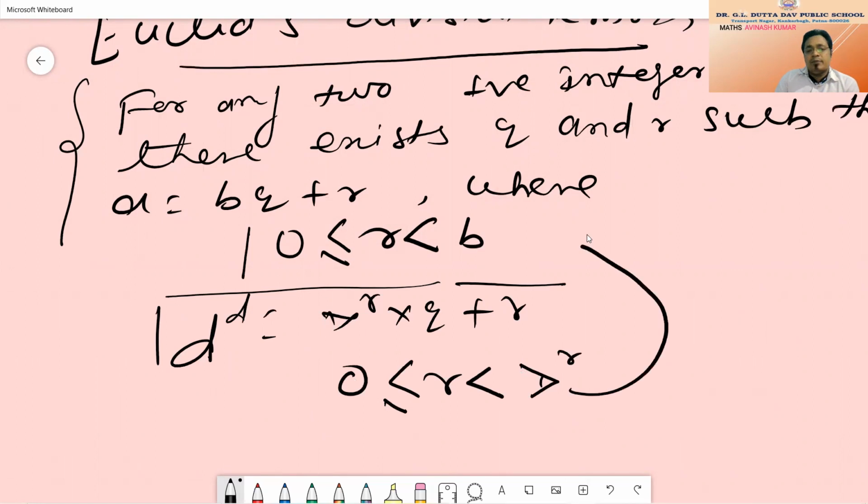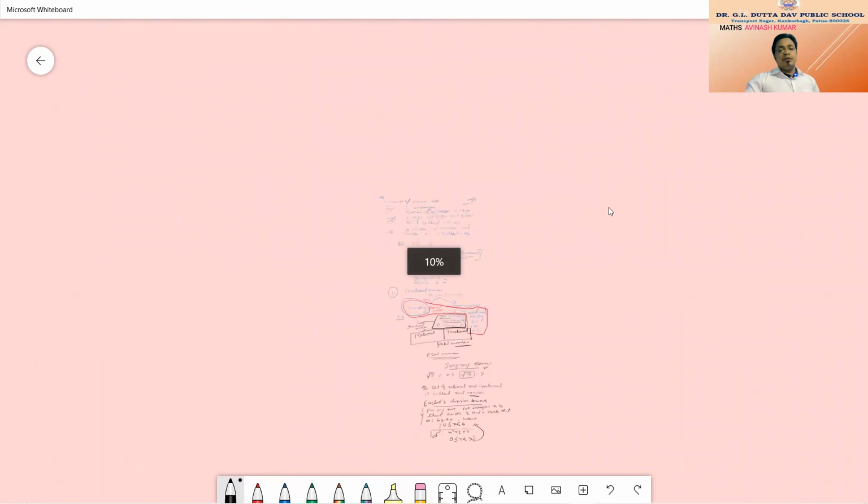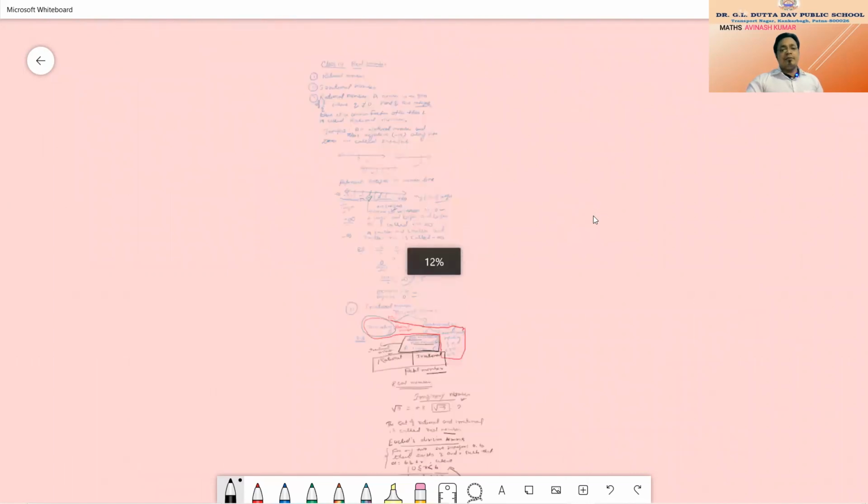So according to Euclid's division lemma, for any two positive integers A and B, there exist Q and R such that A is equal to BQ plus R, where R is greater than or equal to 0 and less than B.